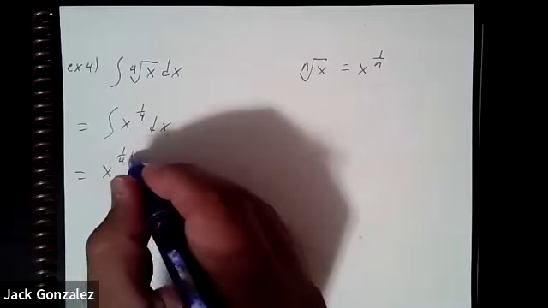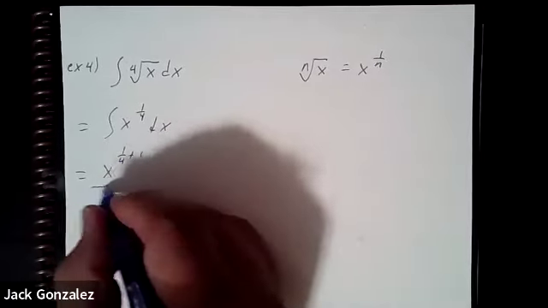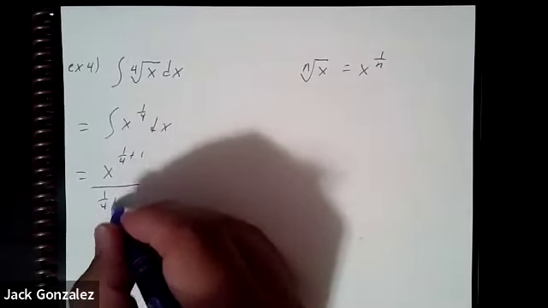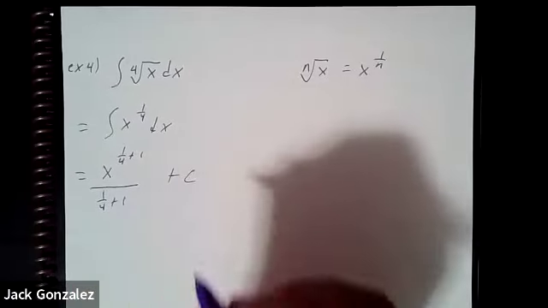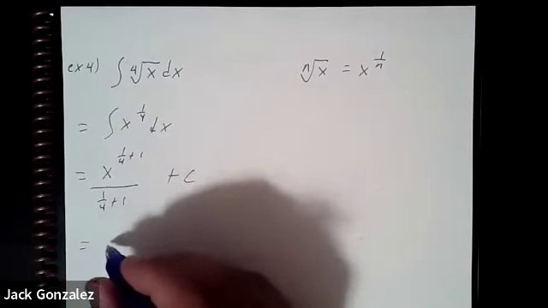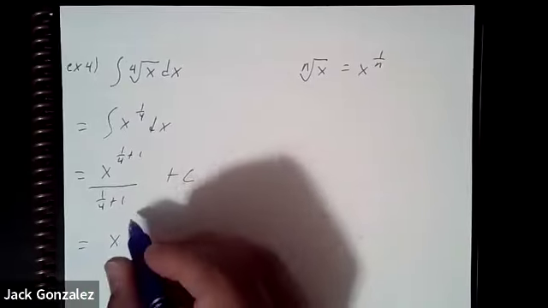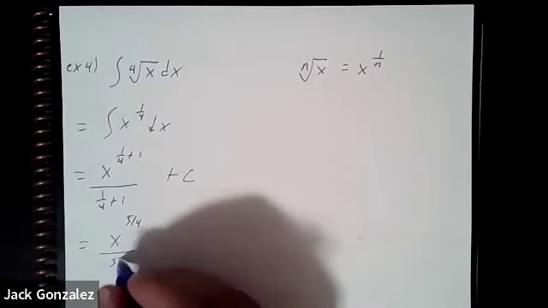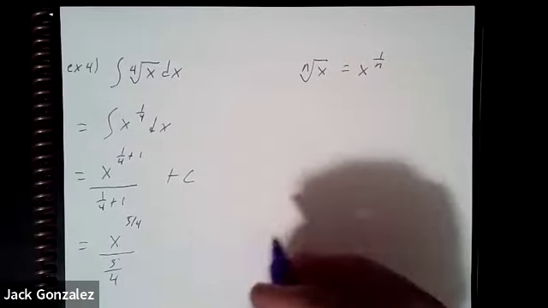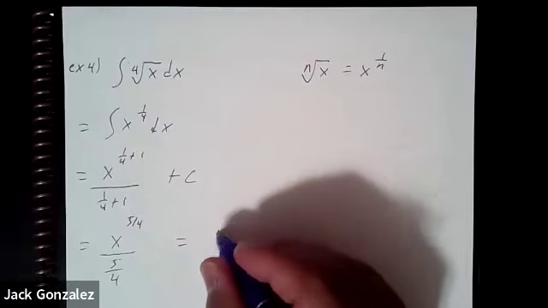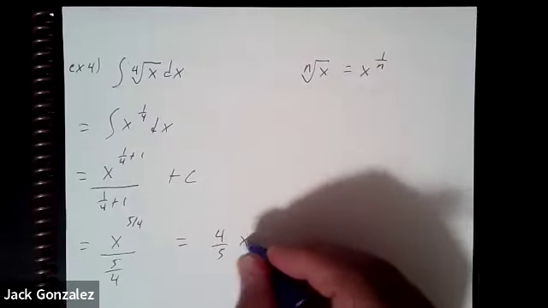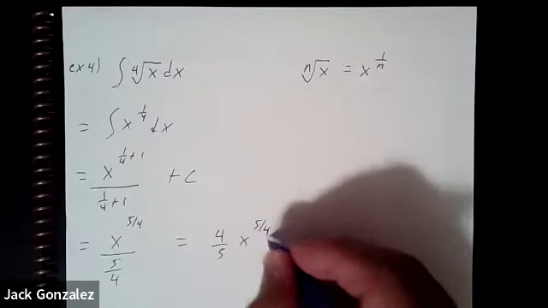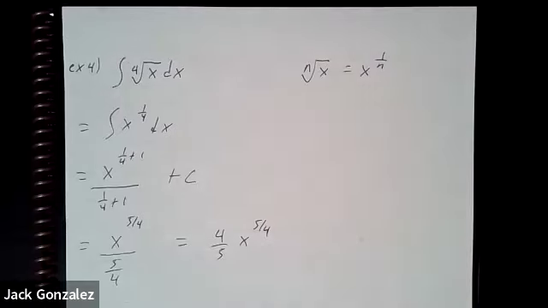So 1/4 plus 1 over 1/4 plus 1 plus your c. This simply becomes x to the 5/4 over 5/4, which is simply 4/5 x to the 5/4. Just using your power rule.